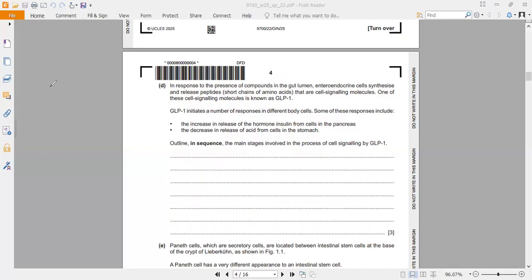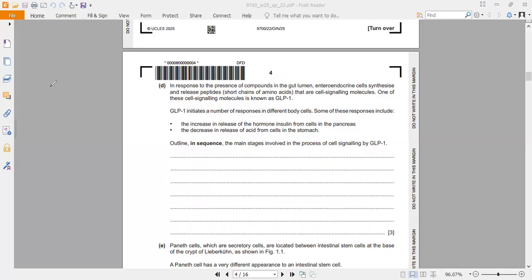of the target site. So it is a peptide. So it is water soluble. It cannot cross the phospholipid bilayer. So it must bind to a transmembrane receptor. So the binding causes a conformational change in the receptor. This change activates intracellular signaling.